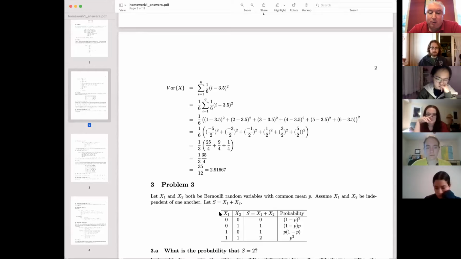Then I just list all possibilities. x1 could be 0, x2 could be 0. x1 could be 0, x2 could be 1. x1 could be 1, x2 could be, and so forth. Then I write down the probability of all those outcomes, and I write down what s has to be given what x1 and x2 are. Then I answer the questions about s. Does that make sense? So that's problem 3, which only has a few outcomes.